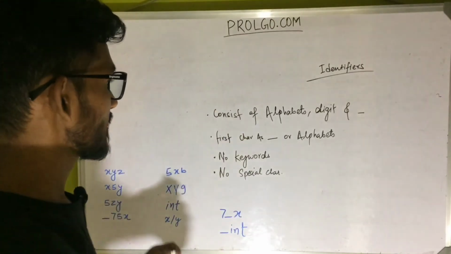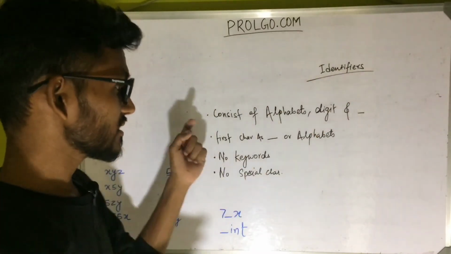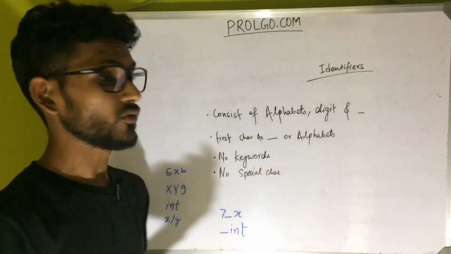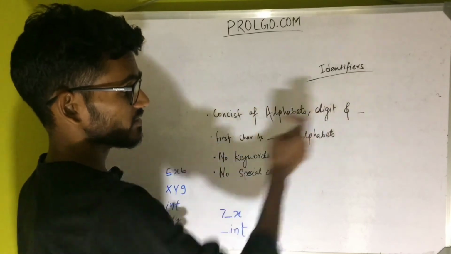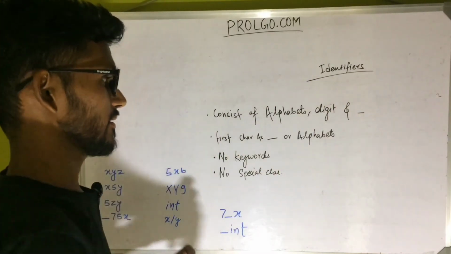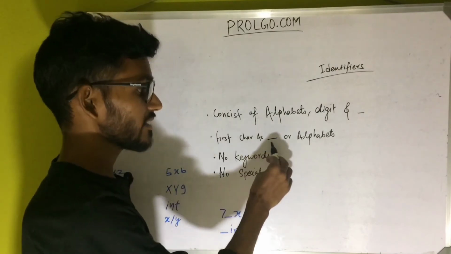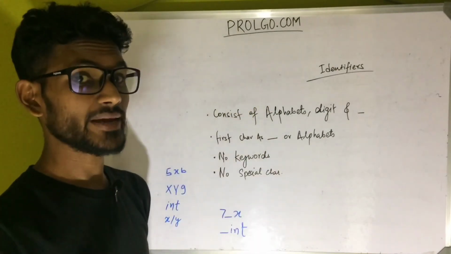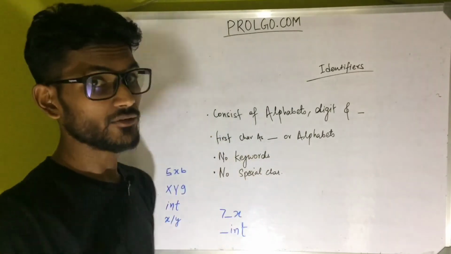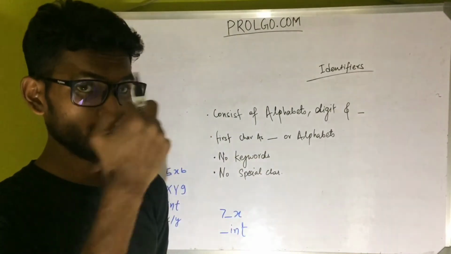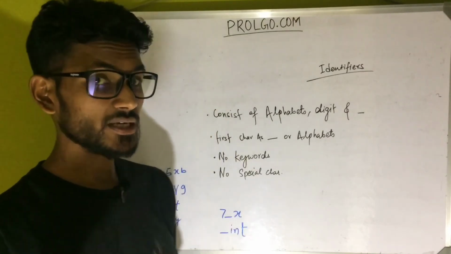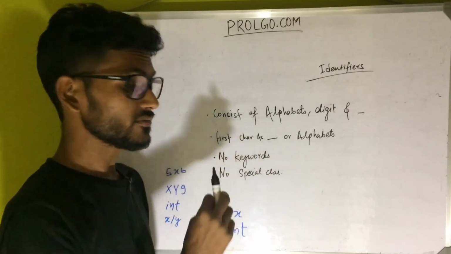And what are those? The identifiers consist of alphabets, digits, and underscore. This is the underscore, and apart from that you cannot include anything. The first character must be an underscore or an alphabet only. And the third one is no keywords. I told you earlier that a keyword cannot be used as an identifier, so these are the reserved words.